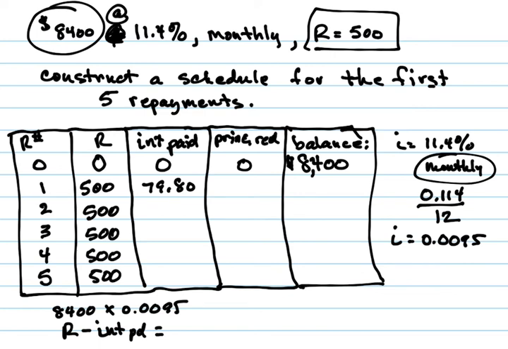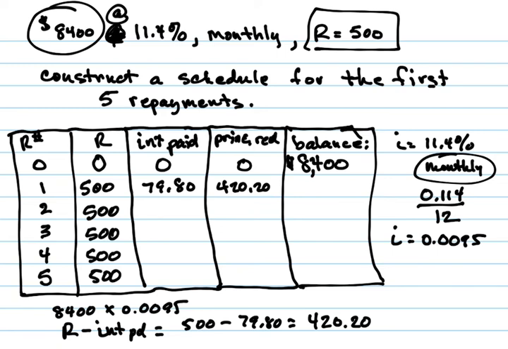So in this particular case, I paid $500, right? But I was charged $79.80 in interest, yeah? So in reality, only $420.20 went towards reducing how much I owe. Does that make sense? So $420.20 goes there.